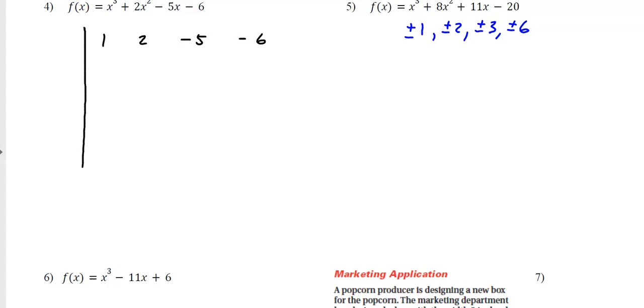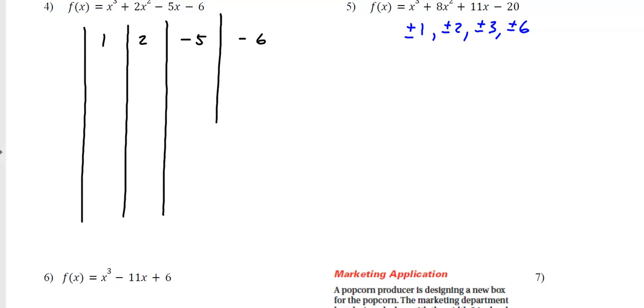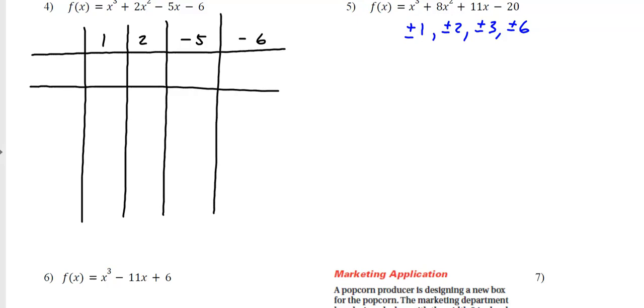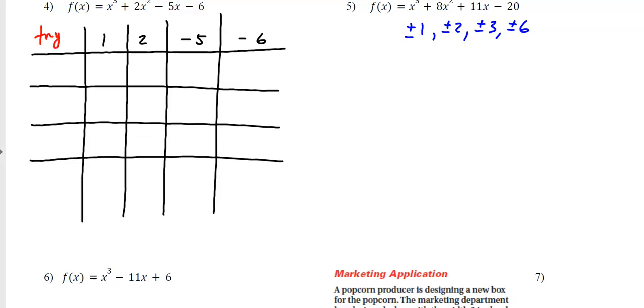But I'm going to put a column coming down. And I'm going to put columns across, rows across. And I could put 8 rows and try all 8 numbers, but here's where I'm going to try my numbers.